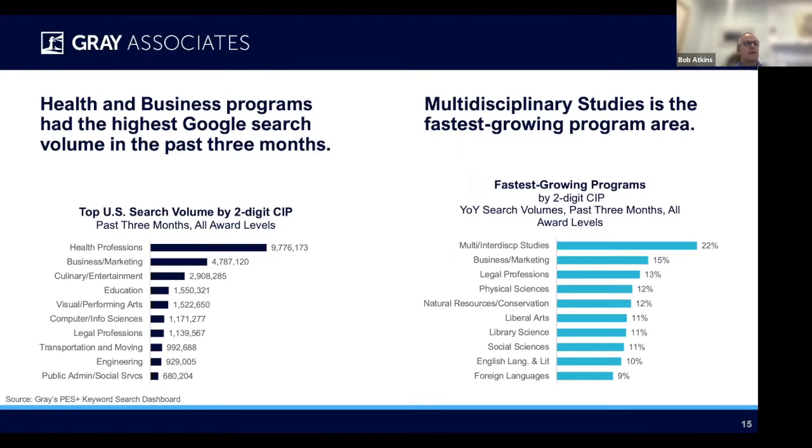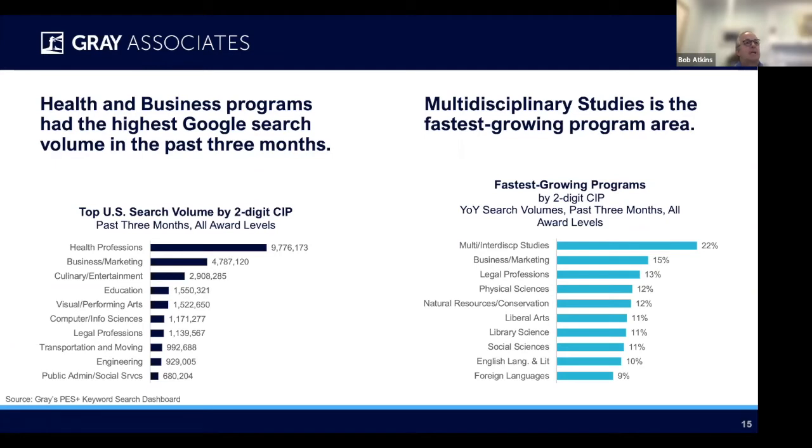Business and marketing is second. Culinary is third. I hope we'll all be back eating at restaurants soon. Education is fourth. Then you get to visual and performing arts, computers, legal, these are all the big categories, and it helps to give you a sense of the relative size. So business is second to health by about 50%. Culinary is about 50% smaller than business.